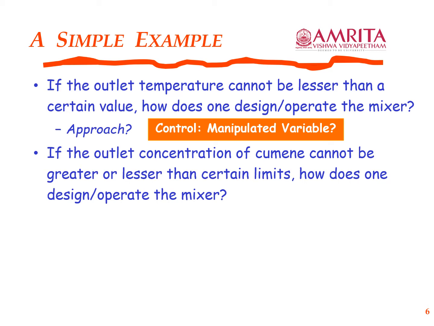So this again is a constraint on the concentration of some specific species. And since it is a constraint, you need to meet it. So you have to come up with a control strategy for that particular variable, which is the controlled variable, in this case the outlet concentration of cumene.